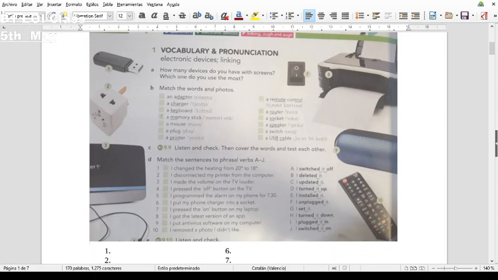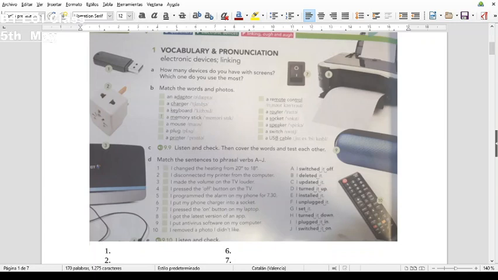Did you do it well? Molto bene. Then we have 2, an adapter, 4, a charger, 5, a keyboard, 1, a memory stick, 13, a mouse, 6, a plug, el enchufe, a printer, number 8, a remote control, el mando, a router, number 3, a socket, number 11, a speaker, number 9, a switch, interruptor, number 7, and a USB cable, number 12.